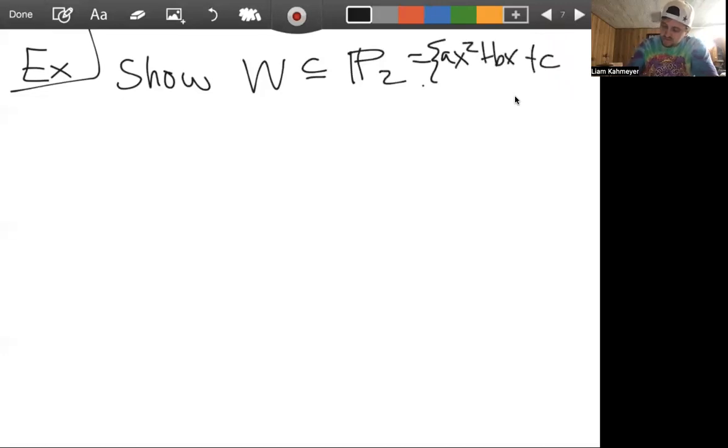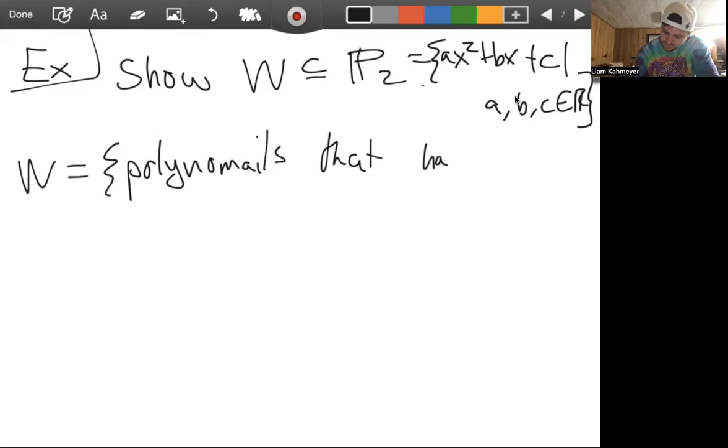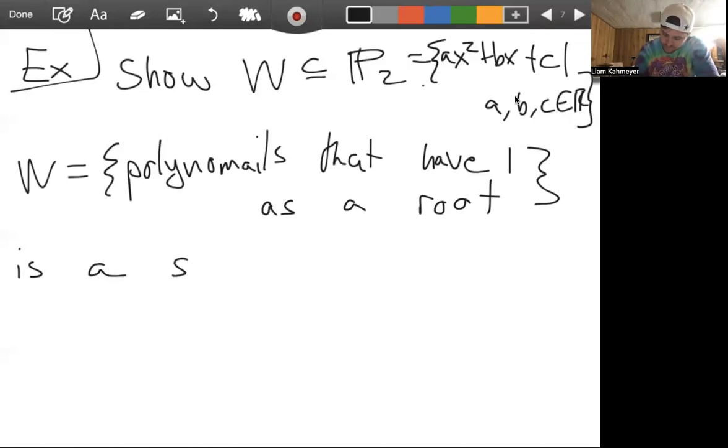So like ax squared plus bx plus c, such that a, b, and c are all real numbers. Okay, so let's show that W, where W is given by polynomials that have 1 as a root.